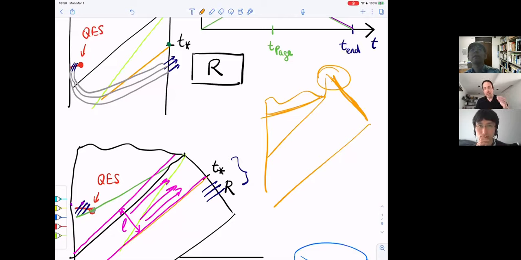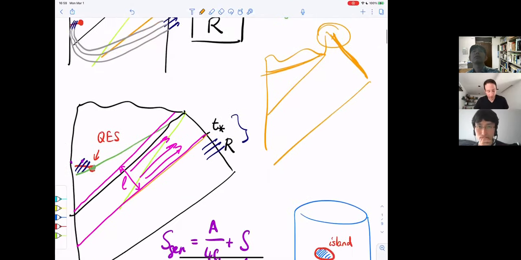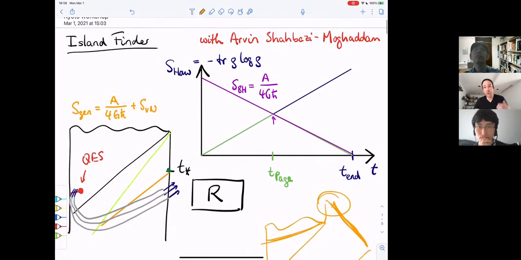Let me give you another example. Suppose we're before the page time, when we know the island shouldn't dominate. I can still surround the black hole with a surface of arbitrarily small area, in fact smaller area than the amount of entropy that's in it, meaning that if there were no other restrictions, then adjoining that region to the reservoir would decrease the generalized entropy.